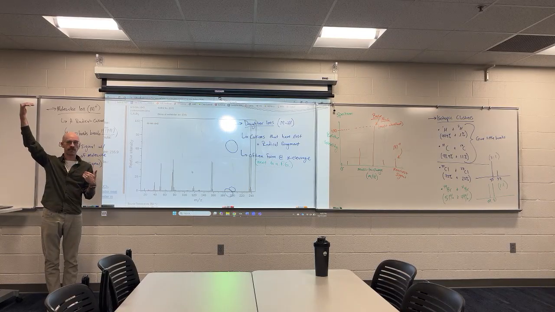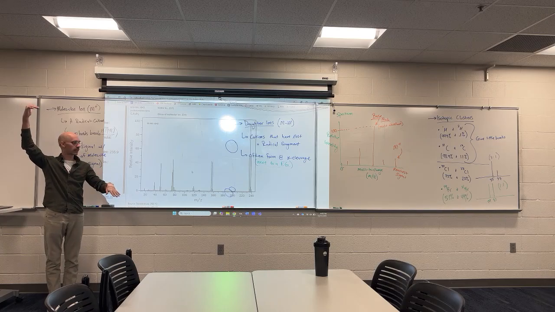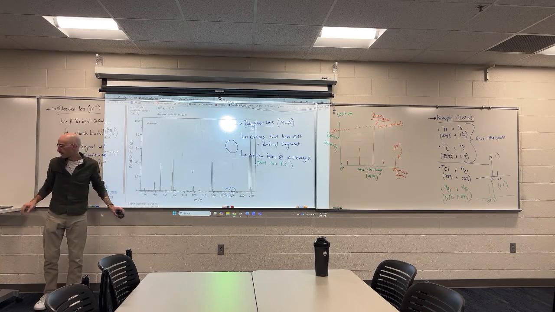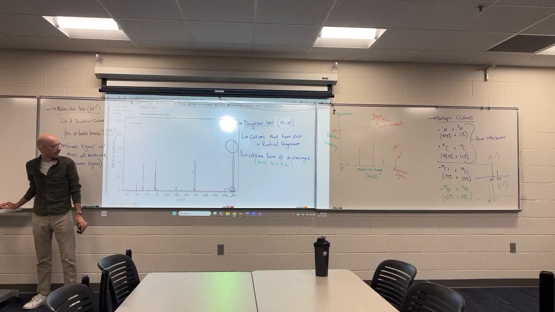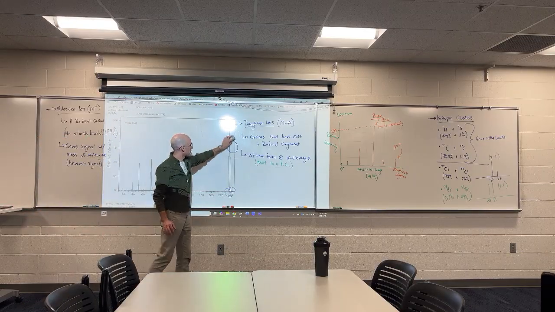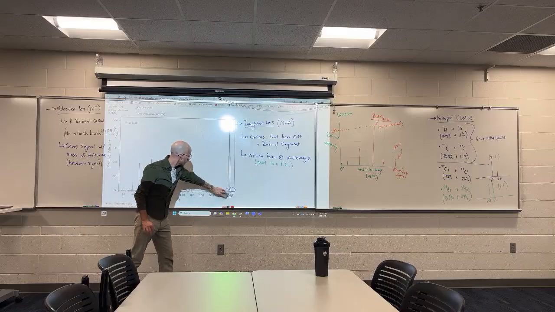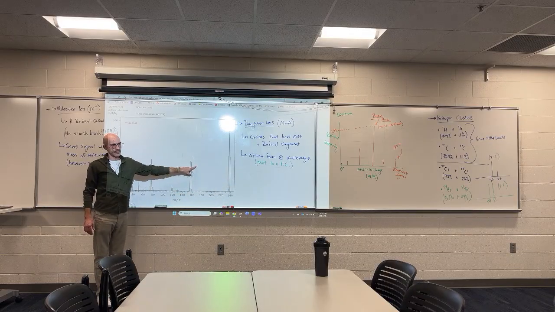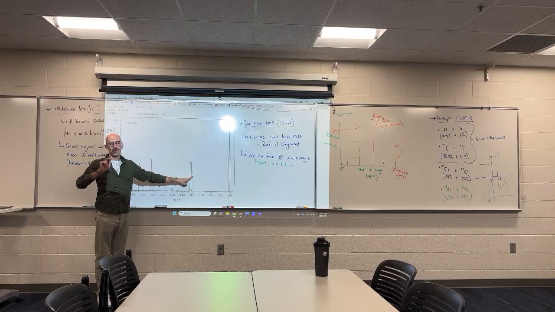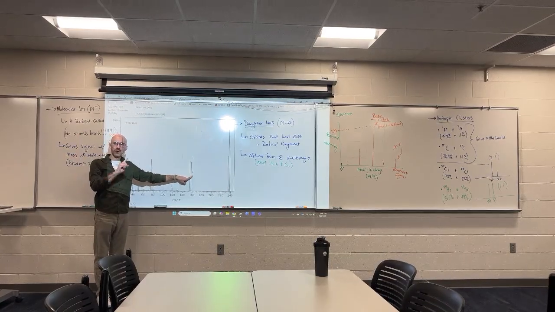The highest chance is two 79s, the lowest chance is two 81s. And so the clusters that you form in these cases look crazier. Here's a normal one-to-one cluster. That means this is a fragment where one bromine has been broken off, one bromine remains.